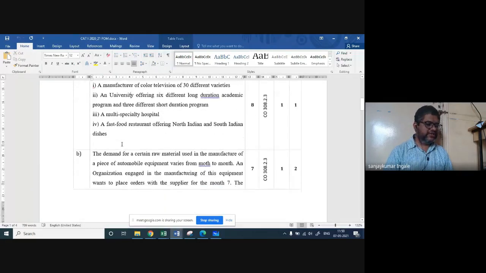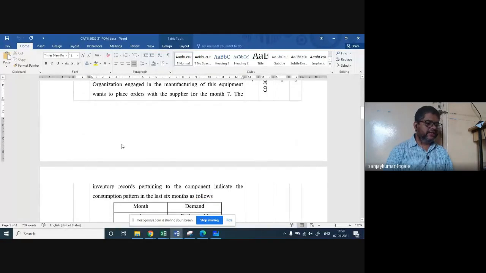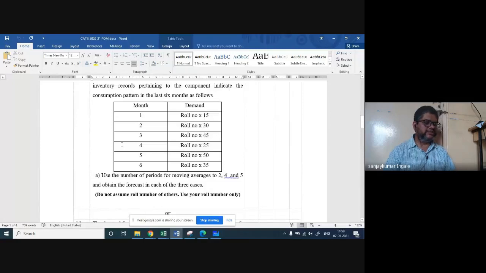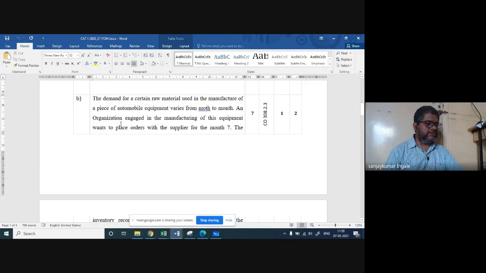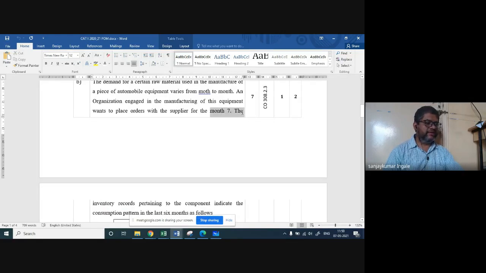Then refer to the second question. Now, for the second question, I think some of the students have changed the roll number. I don't know why. Have you understood this question? The second question was: you have to estimate the demand for an automobile component for the month 7.